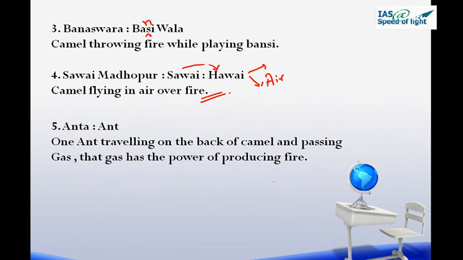Then it was Banaswara or Bansiwara. Then it was Savai Madhopur, and Savai was Hawaii, showing the camel doing different activities by flying in the air over fire. Then Anta becomes ant. An ant is traveling on the back of a camel passing gas. So it is a gas based station of Rajasthan.